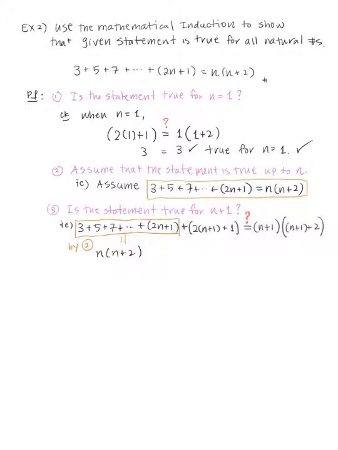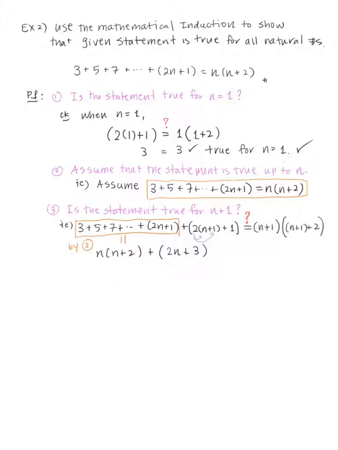So now who's left over on the left hand side? Plus 2 times quantity n plus 1, plus 1. So I'm going to distribute the 2. So you're going to get 2n plus 2 plus 1, so it's 3. All I did was distribute, and then add the 1.